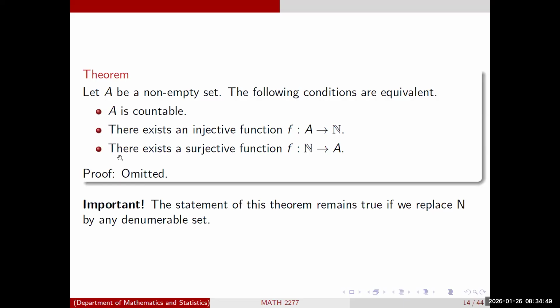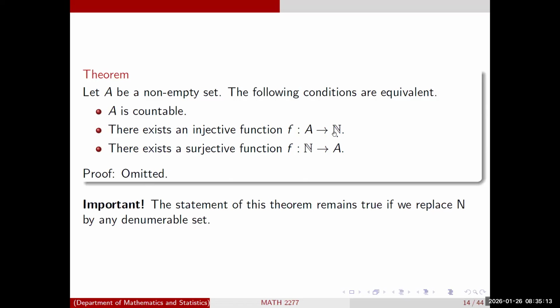So A is countable means there is a surjective function from the natural numbers onto A. Make sure you remember which one. Injective uses the natural numbers as the codomain. Surjective uses it as the domain.